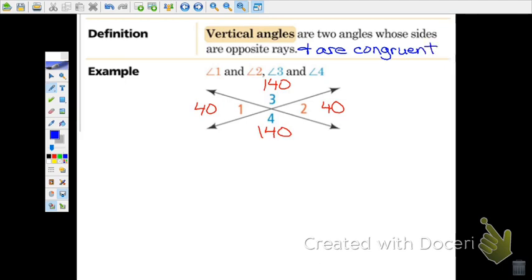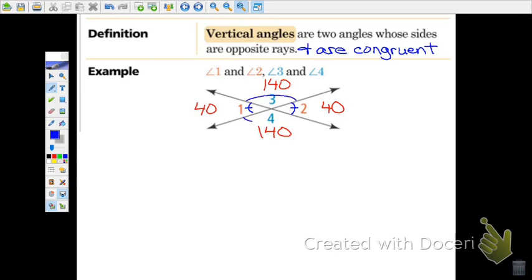The way we show angles to be congruent is you are going to see an arc on the angles, and then you will see a tick mark on that arc. So when I look at that picture, I would know that angles 1 and 2 are congruent. They both have one tick mark.